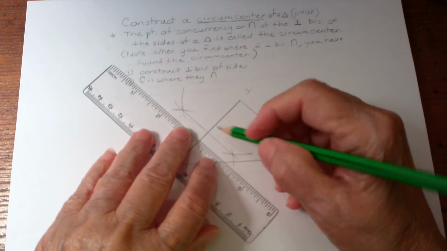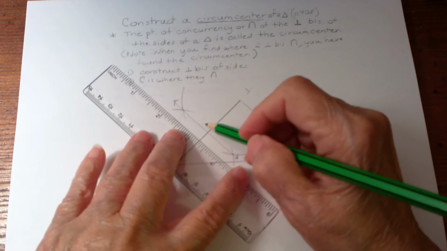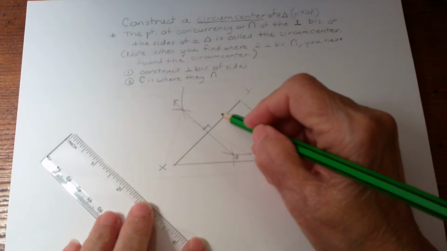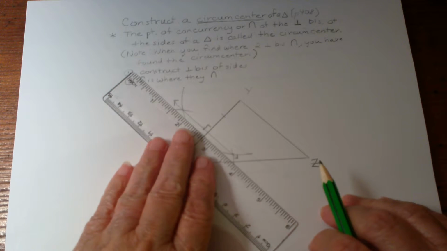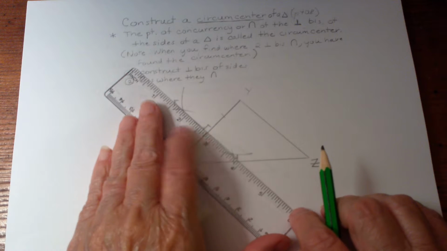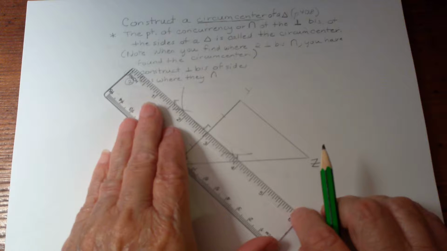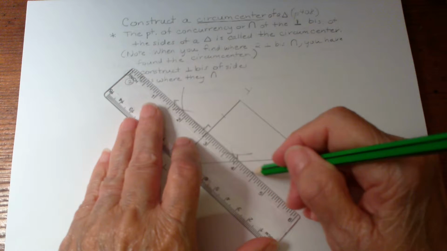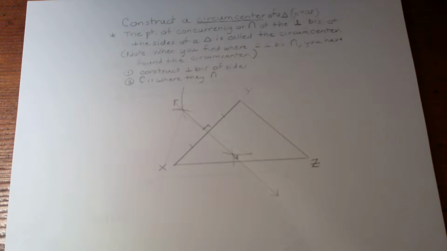But when I do this, this line is the perpendicular bisector of this side of that triangle. Now actually I'm going to extend my line a little farther because I'm not sure if my circumcenter is inside or outside of my triangle. So I'm going to extend the line farther because I can't quite be sure.